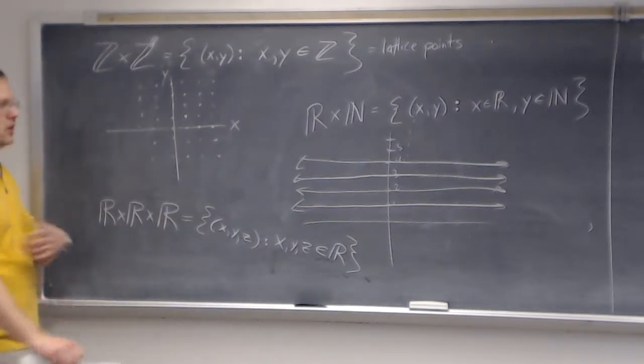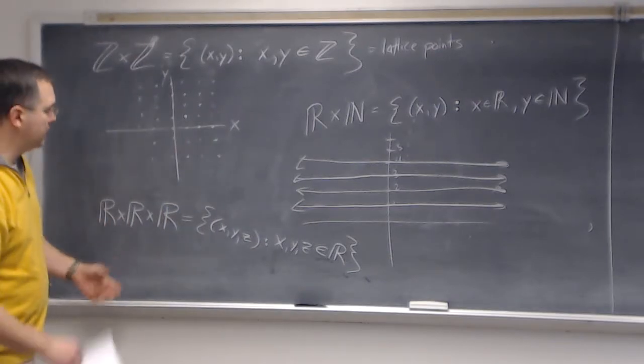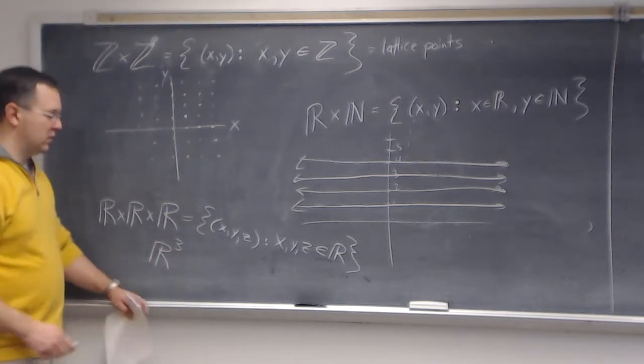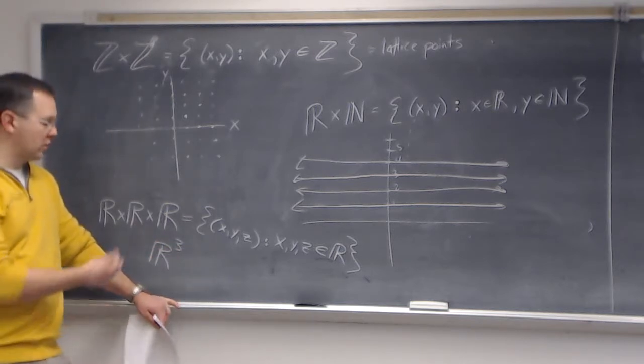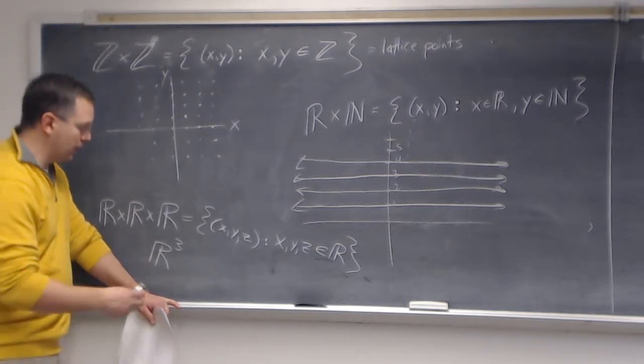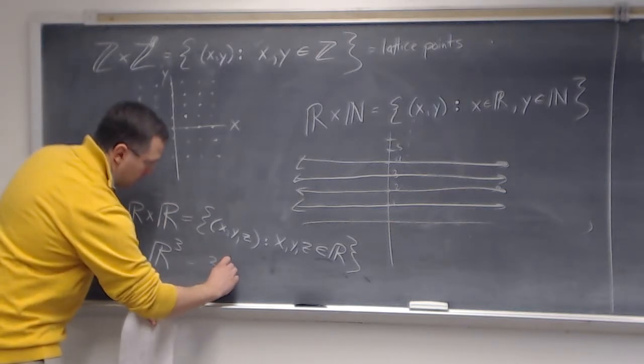You can extend this to any number of sets, but this is always represented as R to the 3rd power, R cross R cross R. You just think of this as 3-dimensional space.